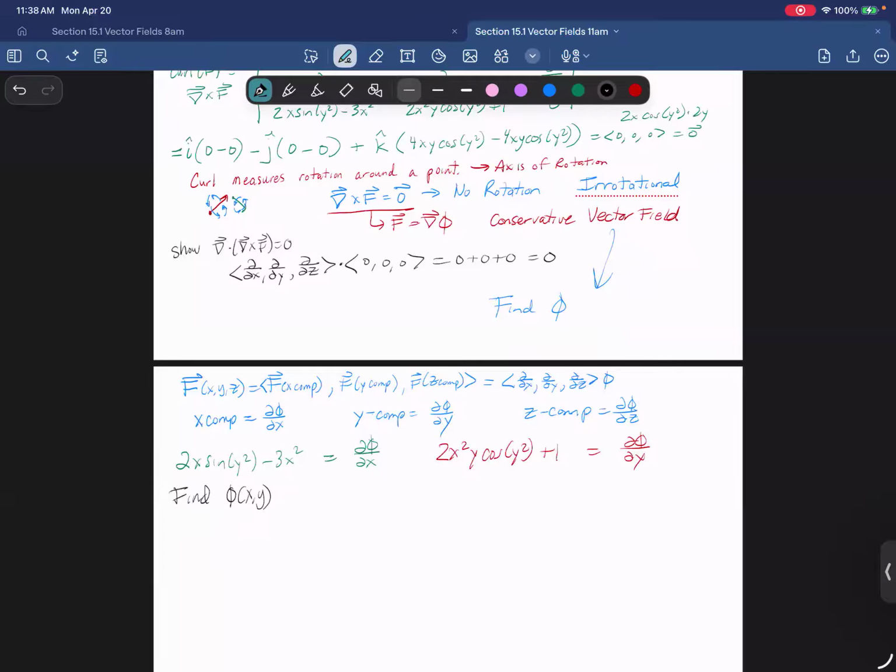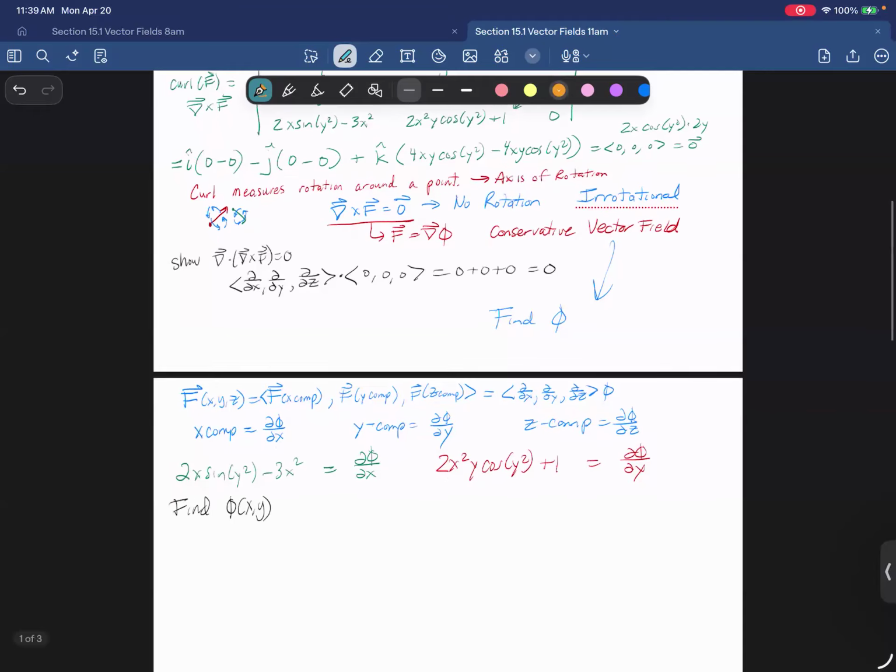If I have d phi dx, how can I get phi? Or if I have d phi dy, how can I get phi? Integrate. So what we can do is integrate with respect to the letter that's on bottom. And if we're doing it on the right, we have to do it on the left.